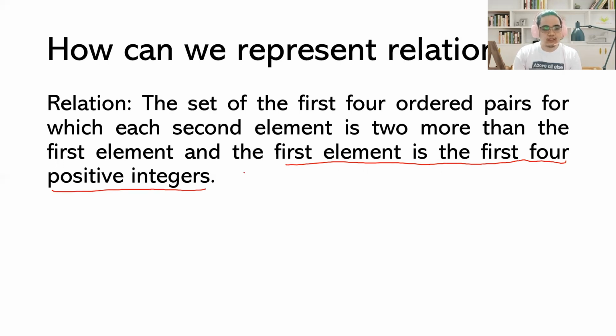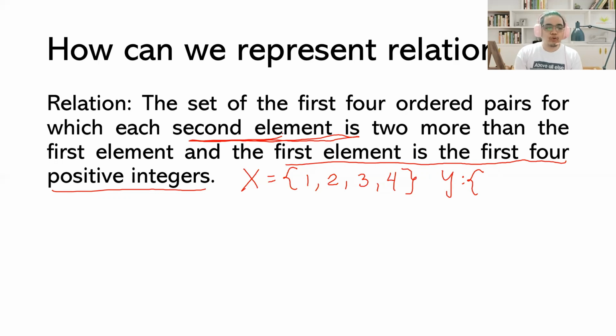So technically, the domain will be the first 4 positive integers: 1, 2, 3, 4. And then we need to get the range. To get the range, the second element is 2 more than the first element.